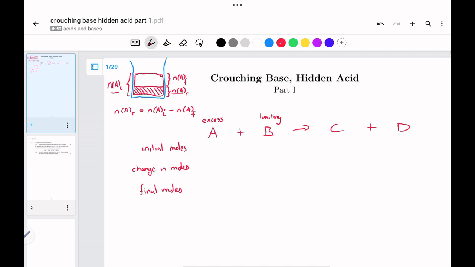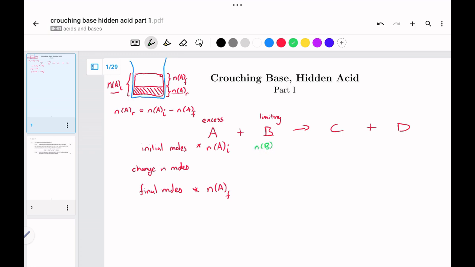In this problem type, you're given the initial moles, or you're at least given some way of figuring out the initial moles of a reactant A. And there's enough information to calculate the final moles. So you have the initial state and the final state of A, and the question will be about this one.